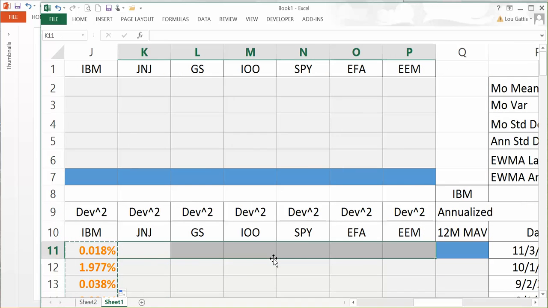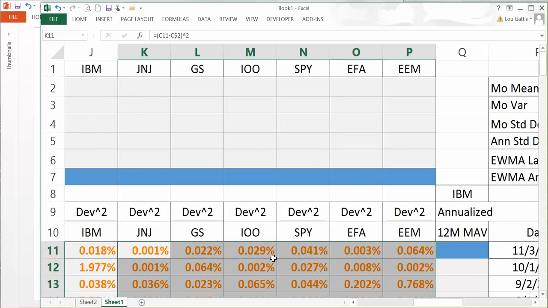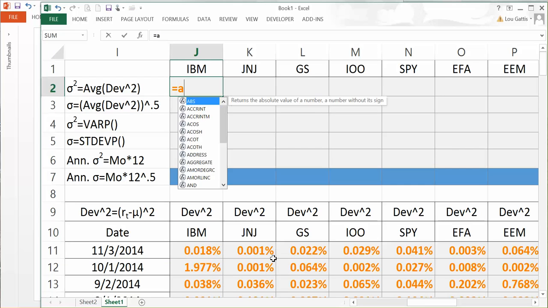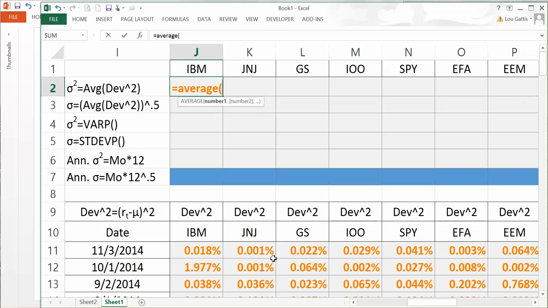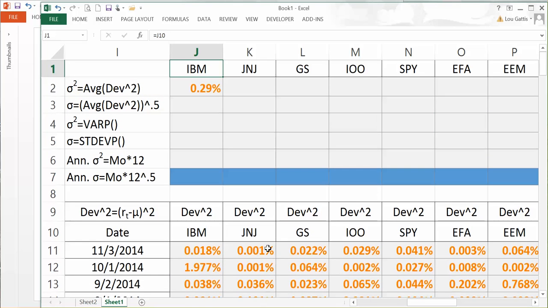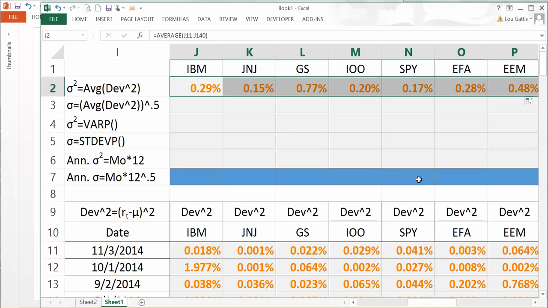I have now the squared deviations in every period for every asset. If I take the average of that column, I see that IBM has an average squared deviation of 29 basis points, and there are the rest.